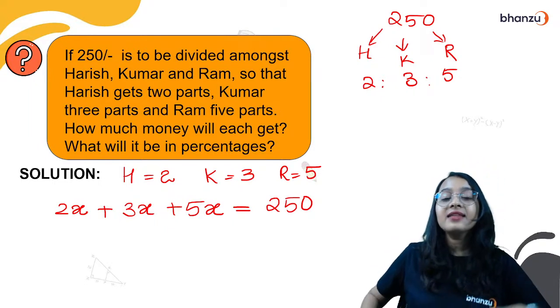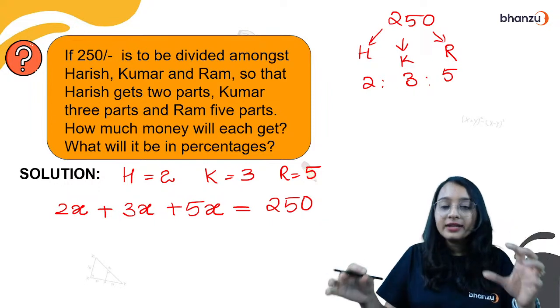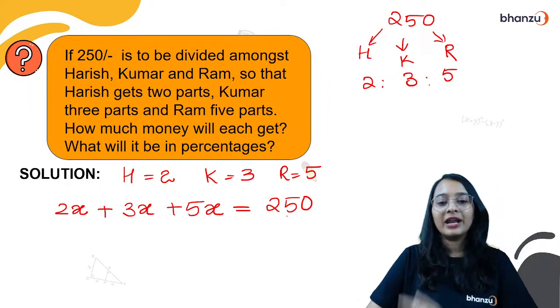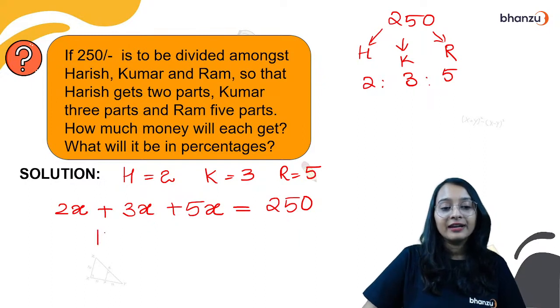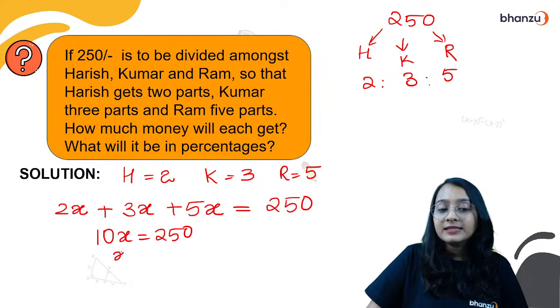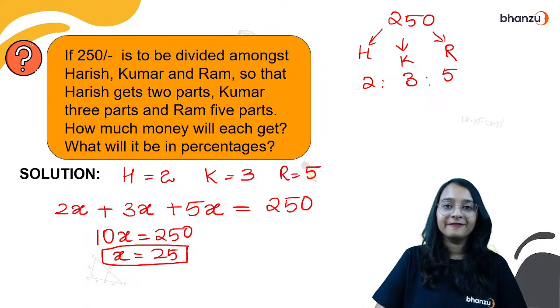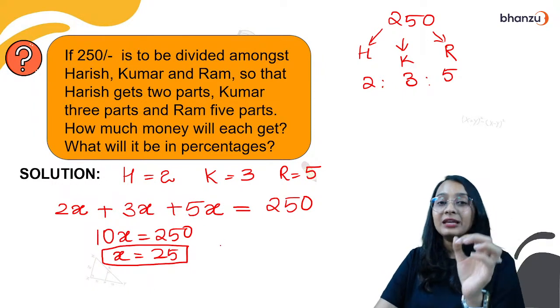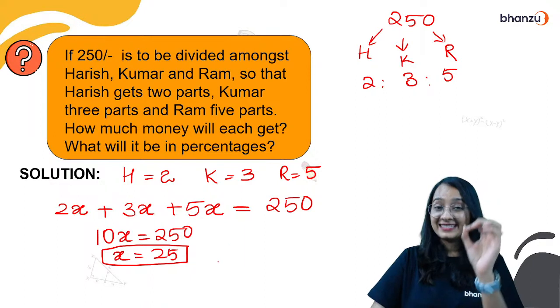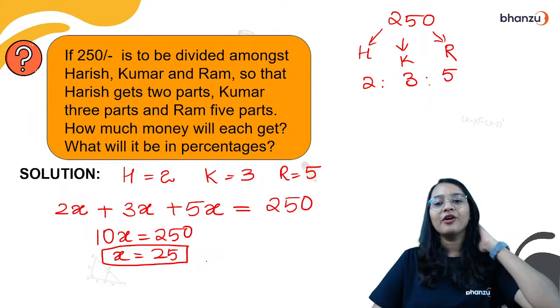So when I add all the money each of them got, we should end up getting 250 rupees, right? So what is it that we have here? 10x is equal to 250. So what is your x? Your x is equal to 25, right? What did we just do? We have used our simple equations that we have learned in grade 7th to solve for the value of x.